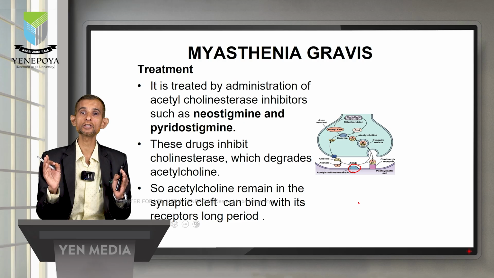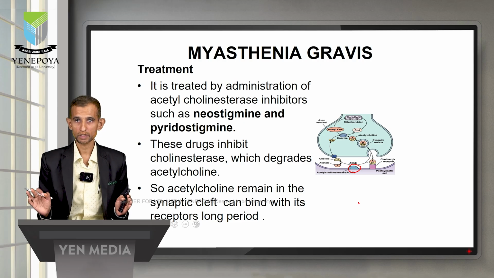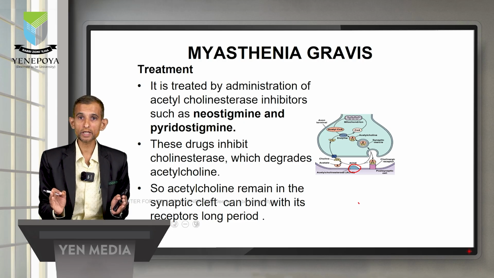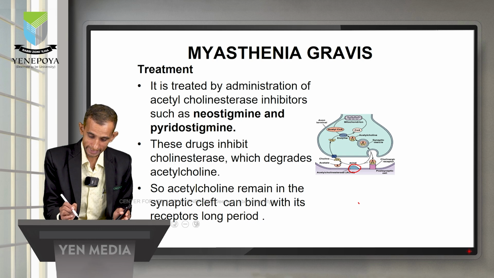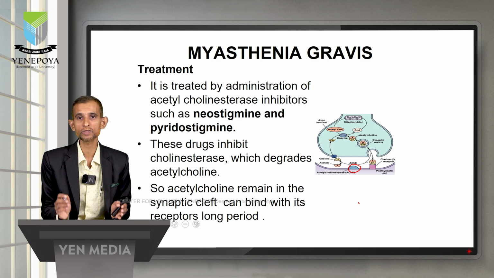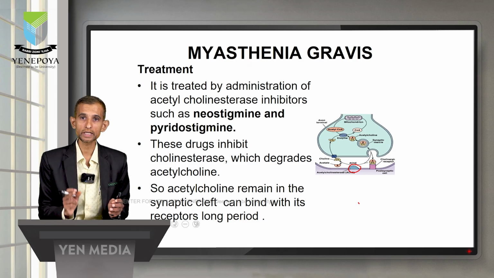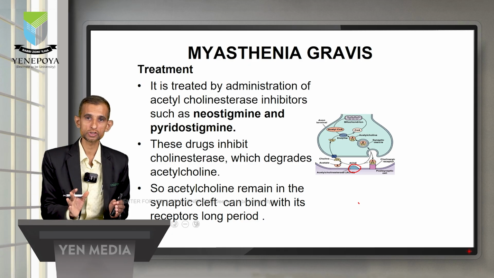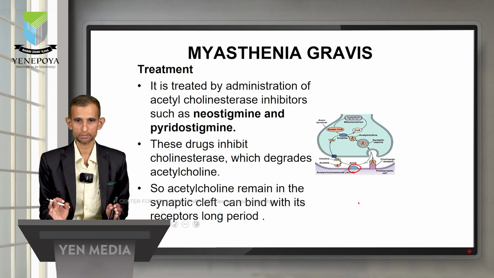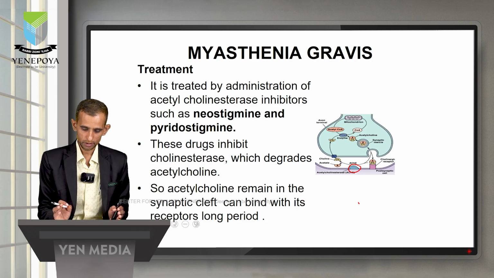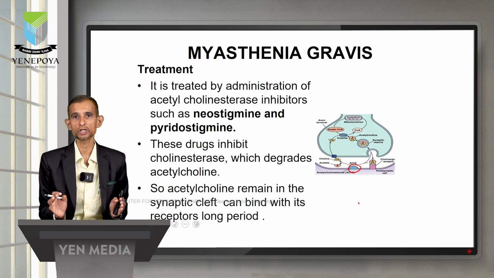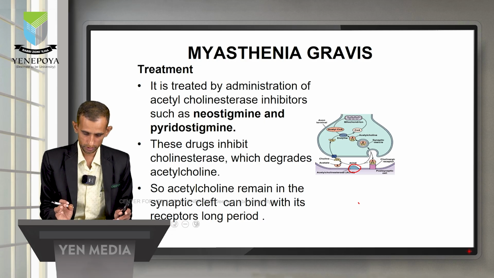These end plate potentials lead to production of action potential. Immediately, the enzyme present in the postsynaptic membrane, acetylcholine esterase, will destroy the acetylcholine. As a result, it leads to normal functioning of the neuromuscular junction.